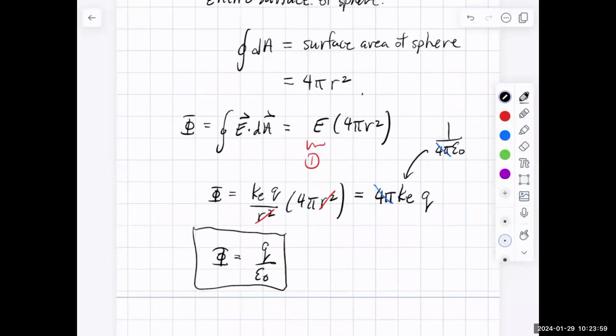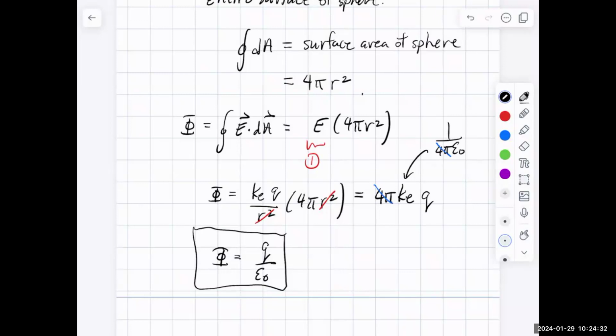Now, this is true for our special case of a point charge at the center of a sphere. But we can move the position of the charge without changing the flux. And so this is also true for a point charge anywhere inside of our closed sphere. We can also change the shape of the sphere. We can make it a Cheeto or a cube or anything you like, as long as it stays a closed surface and the flux doesn't change.